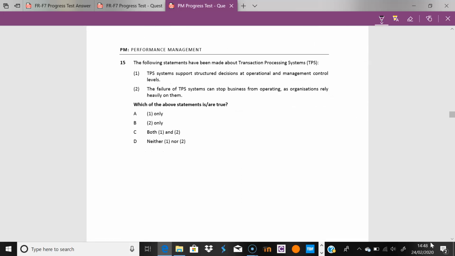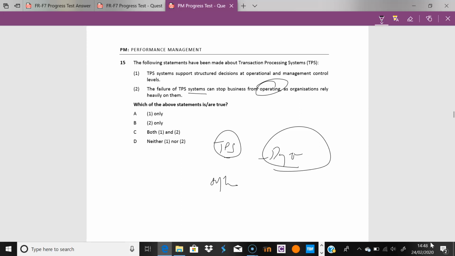And then finally, the last one here is that TPS structures your day-to-day running of the business, sort of software, if you like. So definitely, it's very much operational. So the failure of TPS systems can stop businesses from operating. This is definitely true. TPS systems support structured decisions. That's the problem.